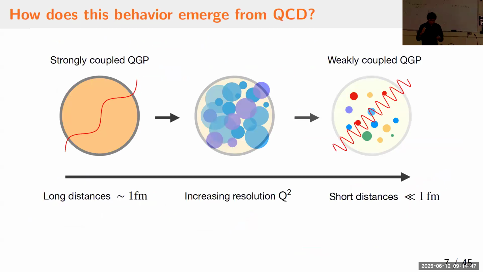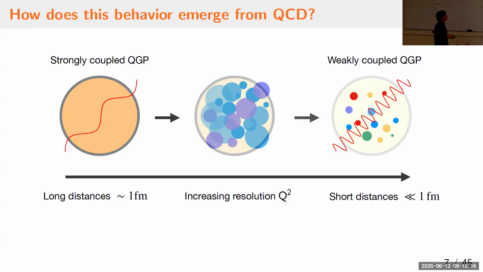Now, of course, we extracted this feature from the data by studying bulk observables. But we know that the coupling runs in QCD, and QCD matter behaves differently at different scales. The quark-gluon plasma can be viewed at very short distances as a gas of quarks and gluons that are freely roaming and weakly interacting.